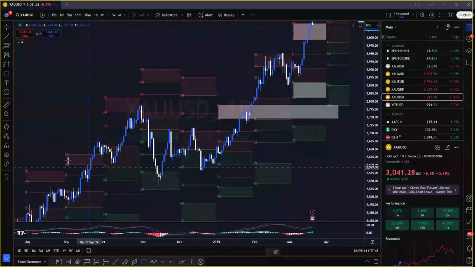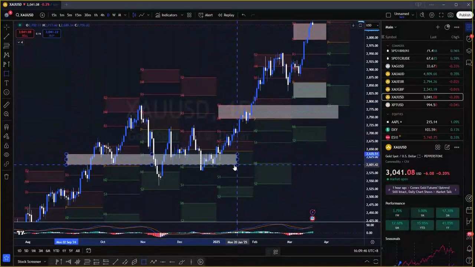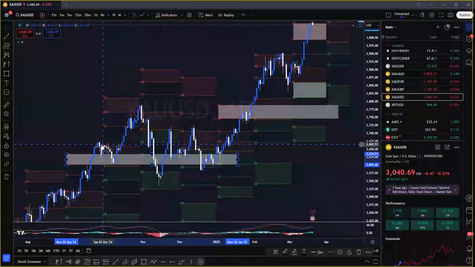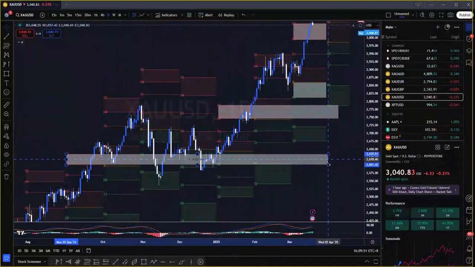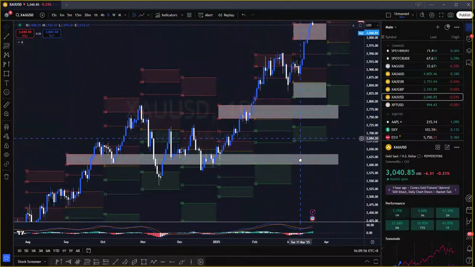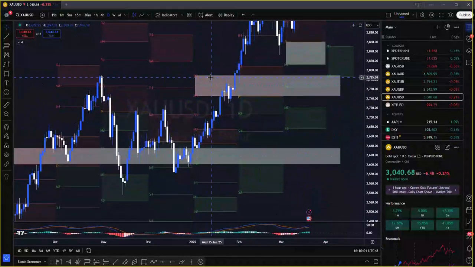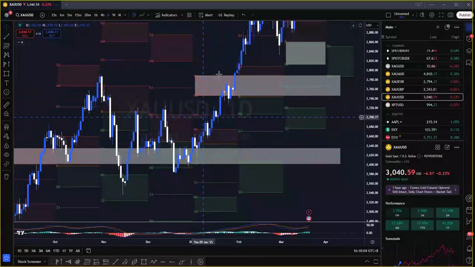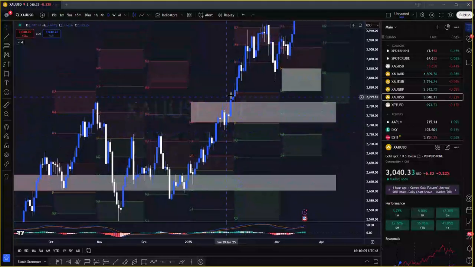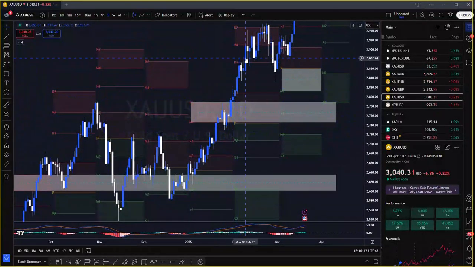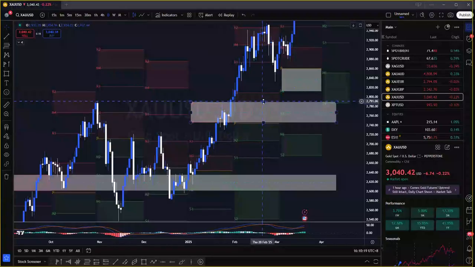Okay, that was one. This was another one where we closed above R2 and it acted as a support. The rationale behind this is that this is an arbitrary resistance line, roughly 2 standard deviations away from our pivot, which means that if prices go above this and continue to climb higher, it means that the buyers are willing and able to buy at a higher price, at a premium price.